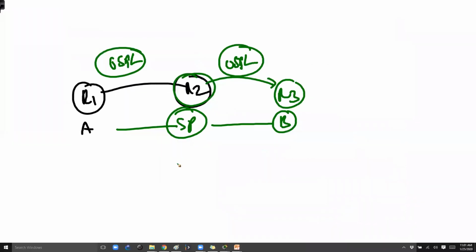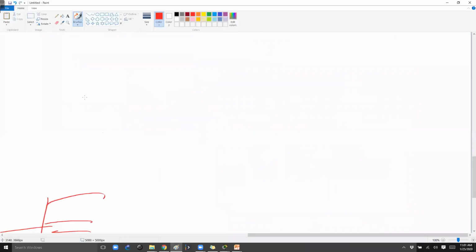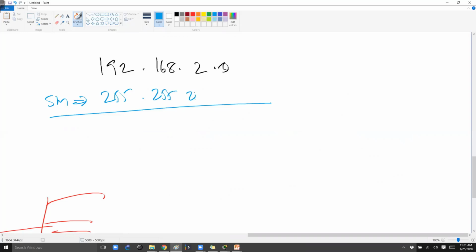Now, same like subnet mask, if I take an example of a subnet mask, so when I'm writing 192.168.2.0, and when I'm writing the subnet mask, so first let me just define the subnet mask quickly. So when I'm writing 255.255.255.0 means that this is your network portion.